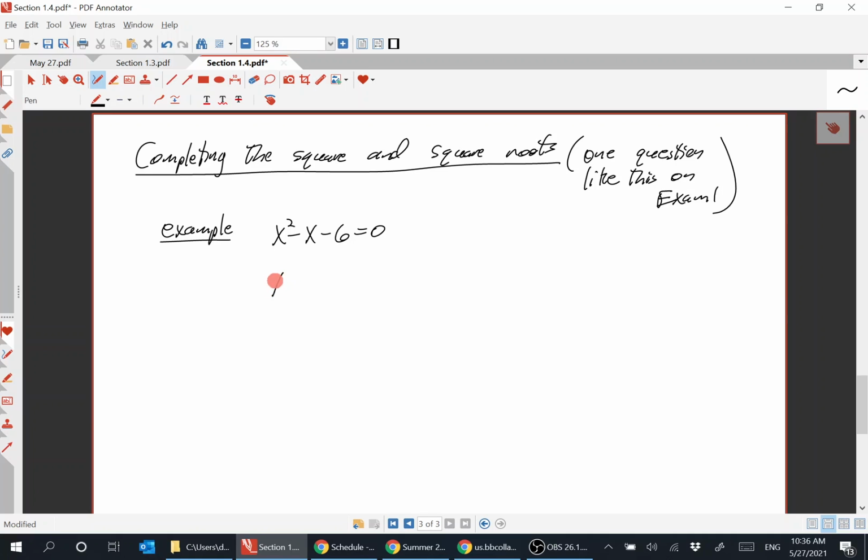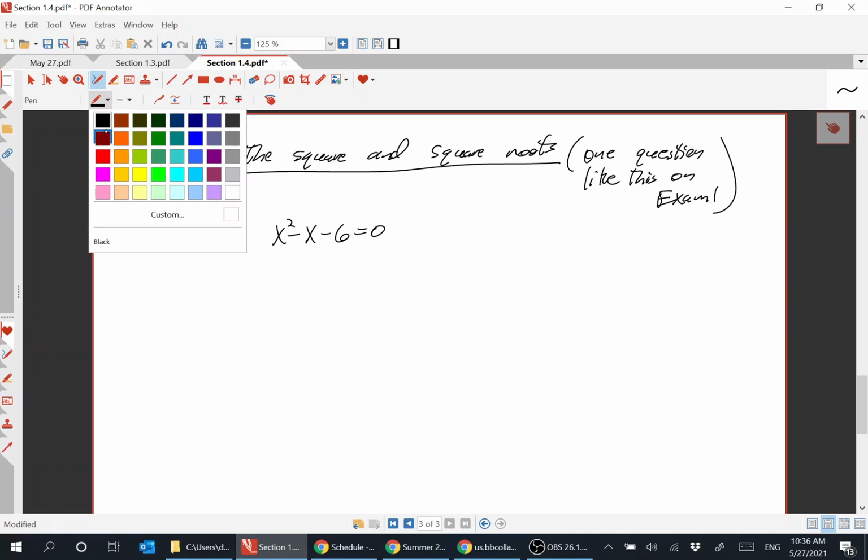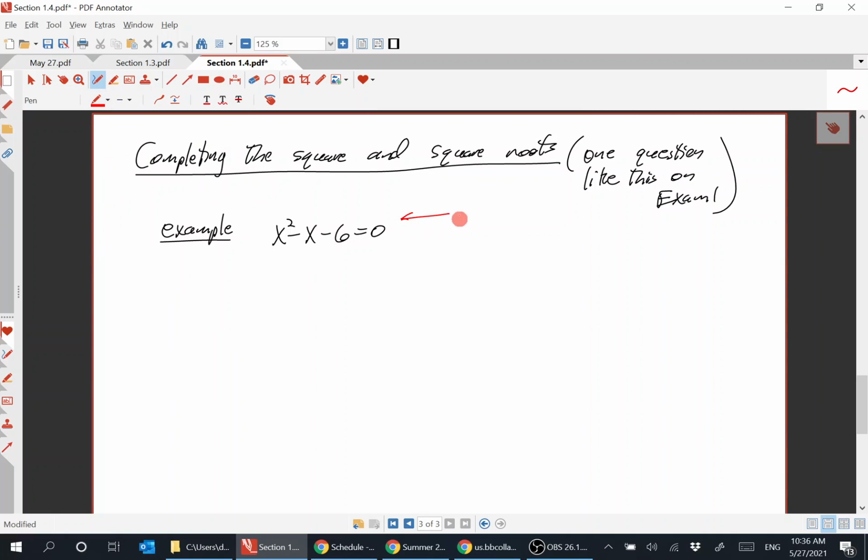It factors: this is x minus 3, x plus 2 equals 0, so x equals 3, or x equals -2.